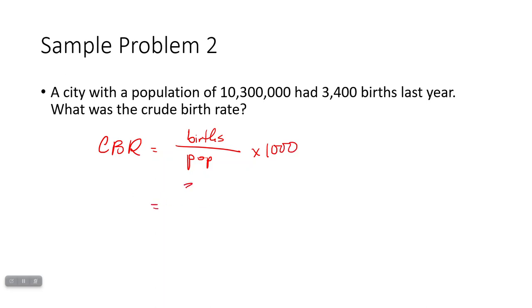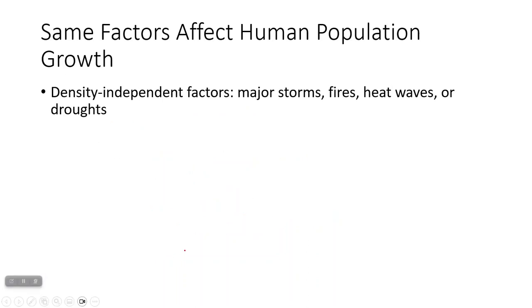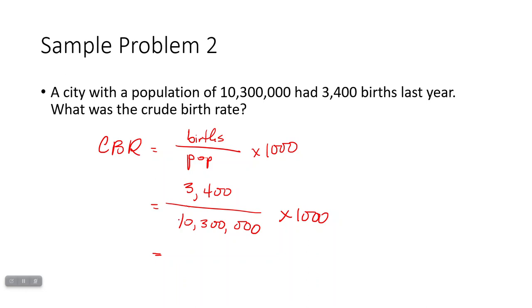That's going to be 3,400 divided by 10,300,000 times 1,000. And if you calculate that out, you'll get 0.33 births for every 1,000 people.